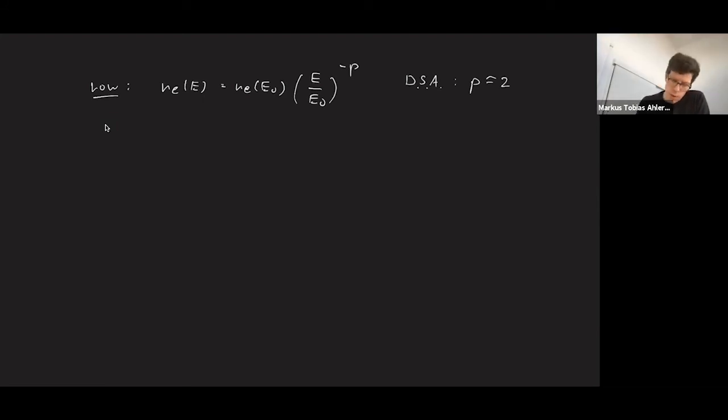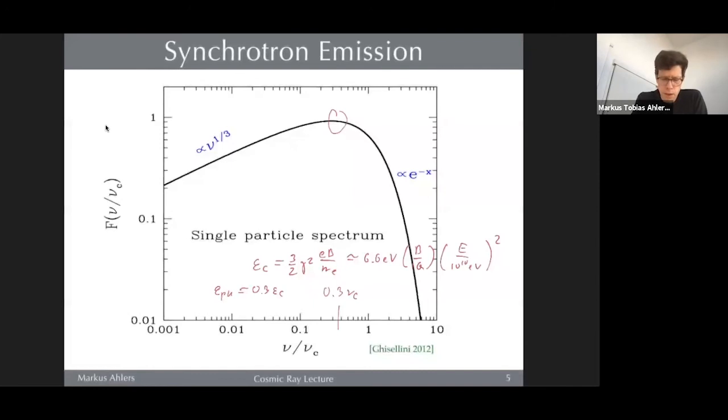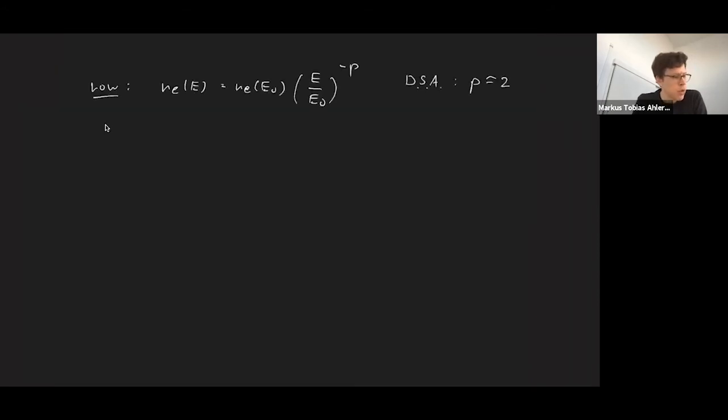Now, when you look back at this figure, this is a spectrum that can be approximated at lower energies by a power law and by some exponential suppression at higher energies. For the sake of the following argument, I will assume that the energy distribution that is generated by a single electron is approximated by a delta function.